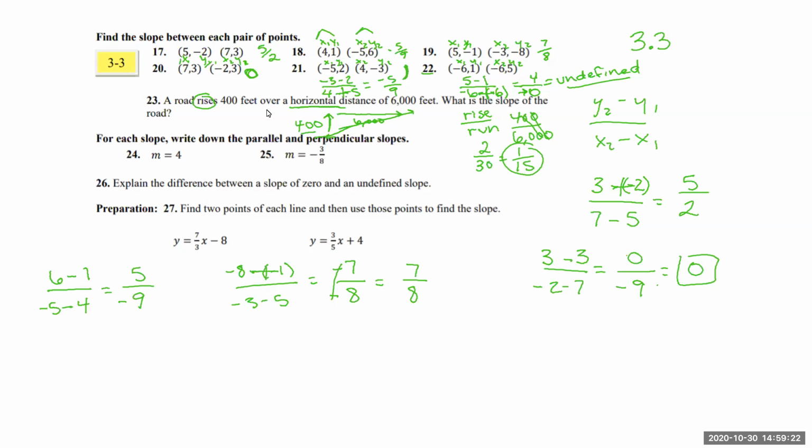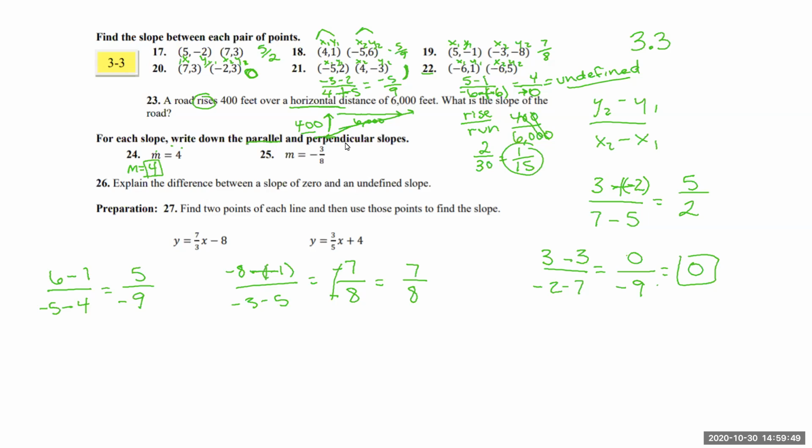All right. So for this next one, we're going to be writing down the parallel and perpendicular slopes. This one, with parallel slopes, will be a little bit easier than perpendicular, but parallel slopes is pretty much the same slope. So since n is the slope of 4, our parallel line is just going to be 4 as well. So there's the first one.